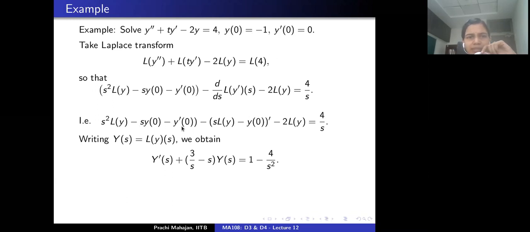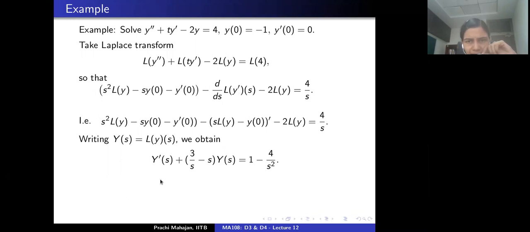And what happens to this term? This term disappears because the derivative of y evaluated at 0 is 0. And what happens to this term? This is a constant, this is plus 1, and you differentiate this with respect to the s variable.